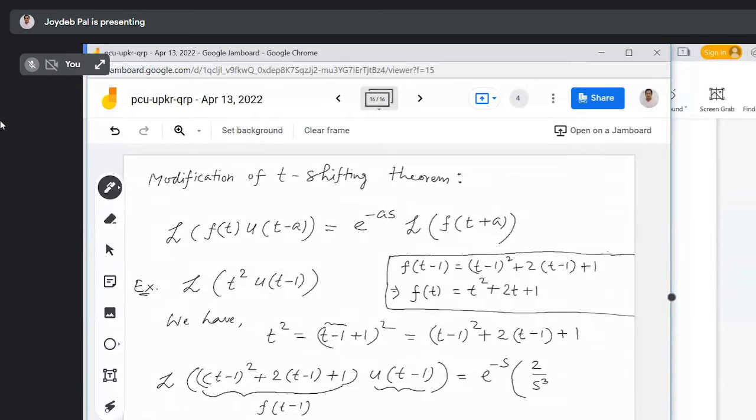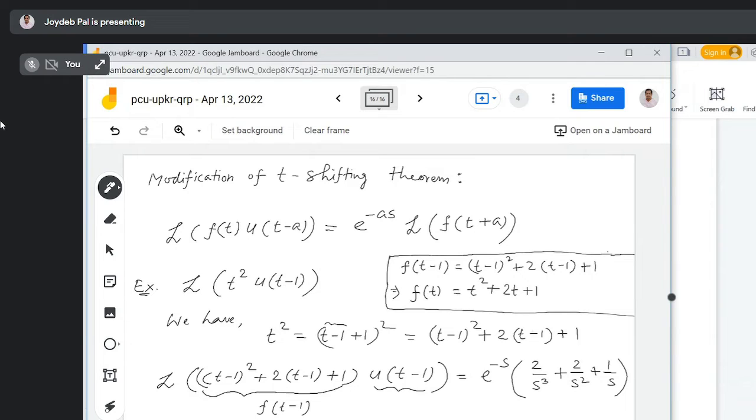Actually it is factorial 2, which means 2. And what about 2t? The Laplace transform of 2t is 2 by s square. And 1? So 1 by s. So that is our Laplace transform of t square u(t minus 1).